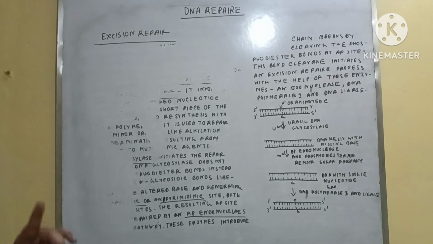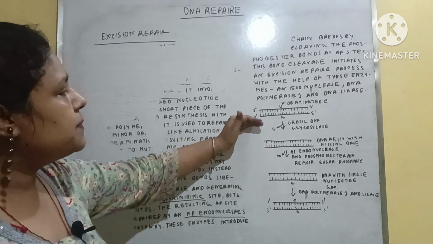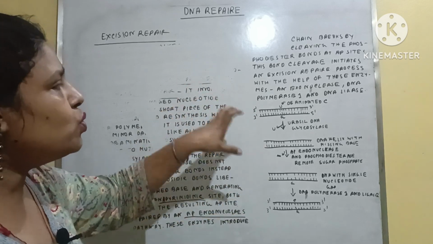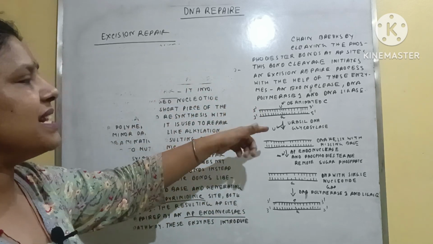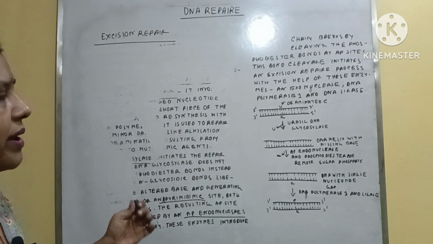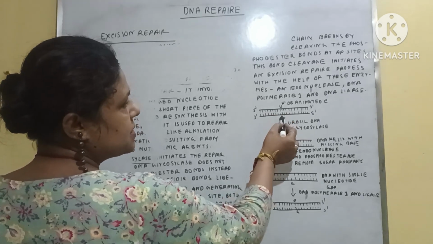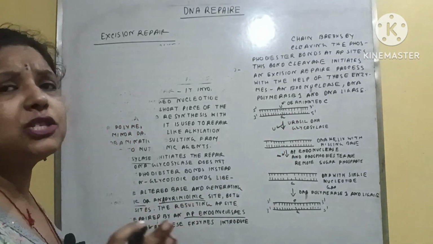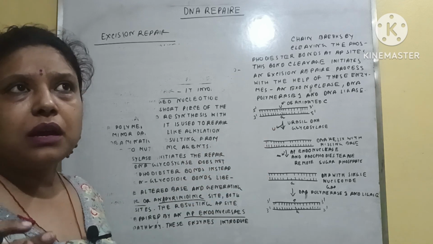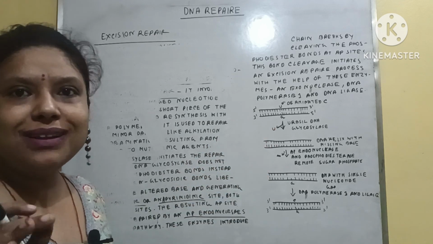Another important thing: there is a rough diagram where I try to explain how base excision repair occurs. Suppose this is U and this is G, and U is not the proper base for G. Uracil is the proper base in RNA, not DNA.